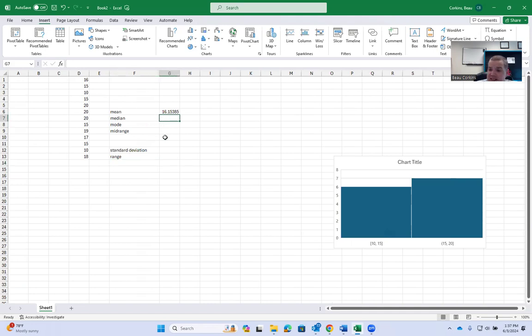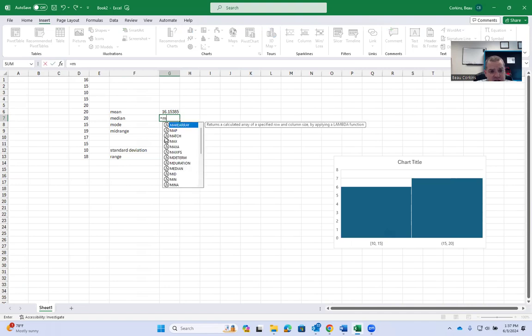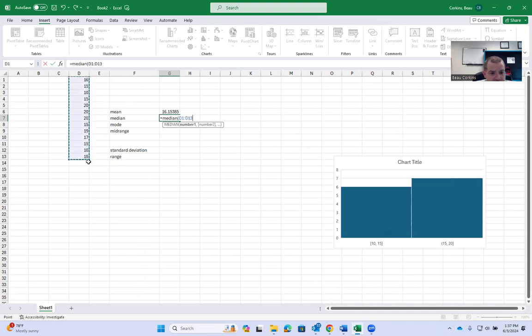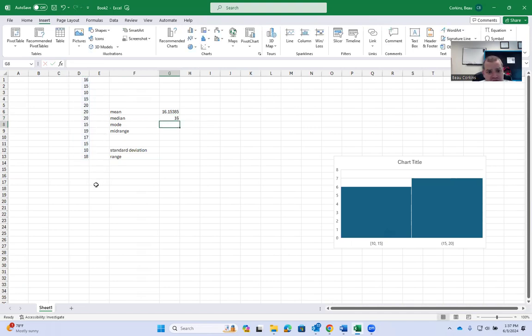For the median, same thing, equals median, open parenthesis, and that open parenthesis is a big one. Select the values and hit enter, and it found the median.